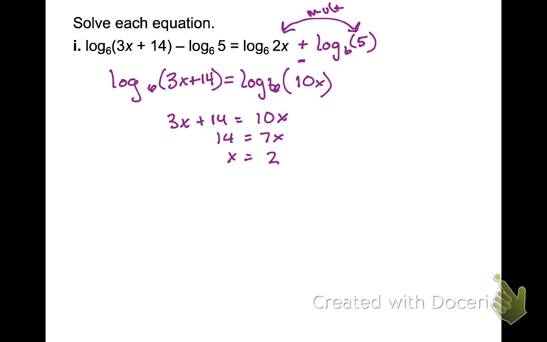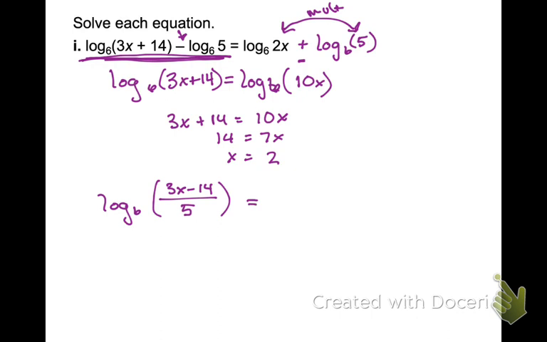That was just a joke because of last time. Right now, what I'm telling you is that before you can do anything, you have to condense or move, yes? Now I'm going to show you just condensing these two. Subtraction means to divide, yes? So I would have log base 6 of 3x plus 14 over 5 equals log base 6 of 2x.